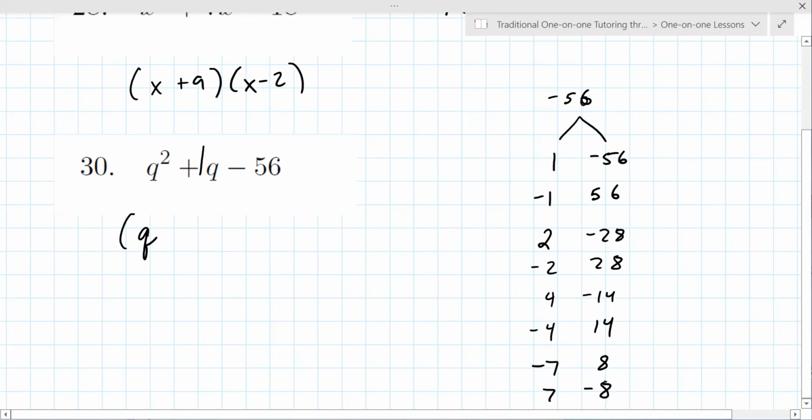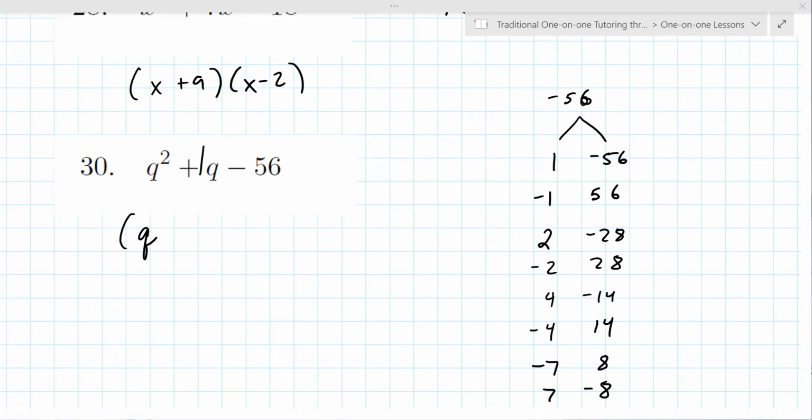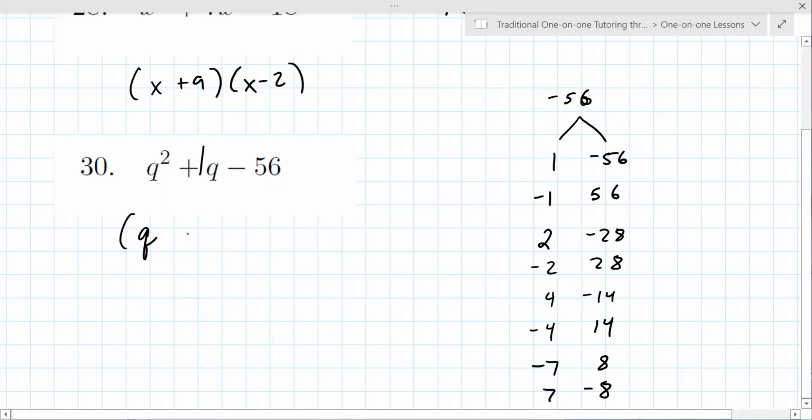So which of these adds up to positive 1? Negative 7 and 8. Negative 7 and 8. Okay. So minus 7 plus 8.